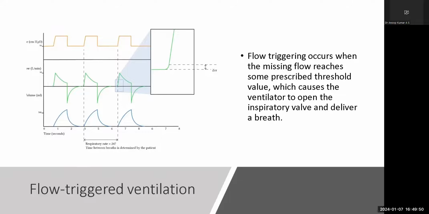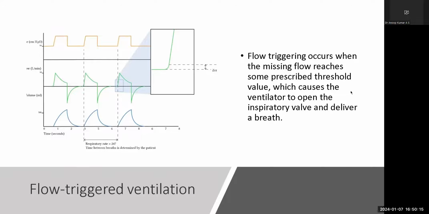Then the flow triggered one. Here the flow triggering usually occurs when the measured flow reaches some prescribed threshold value, which causes the ventilator to open the inspiratory valve and deliver the breath. So it is basically the drop in flow that is sensed by the ventilator.